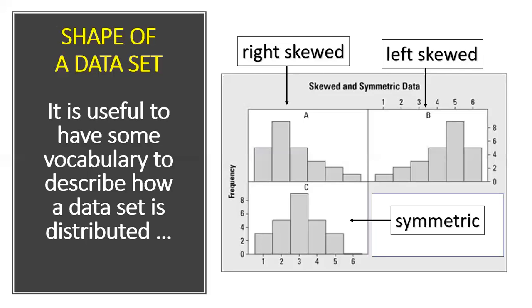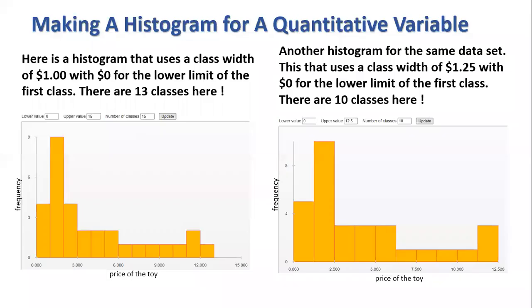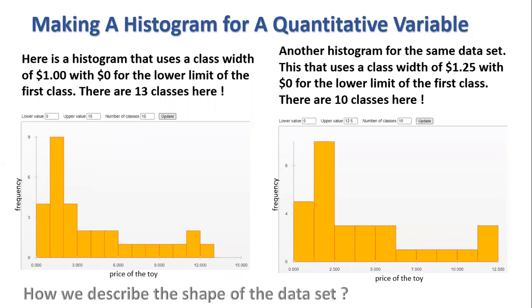With those vocabulary words in hand, let's return to our histograms that we had for the toy prices. Looking at those histograms, we could ask the question, how should we describe the shape of this data set? To answer that, we want to take a look at where the peak occurs.